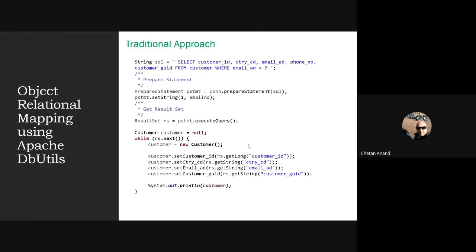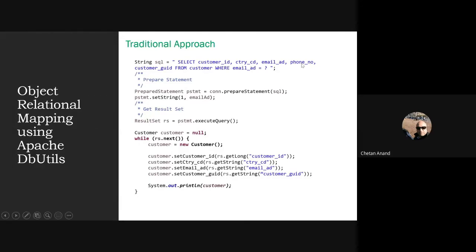I'm going to introduce you to something called object to relation mapping. Now, what does that mean? Object means the Java object, and relation means the relational table. When you are getting the data from the table into the Java object, you have to do a lot of boilerplate.